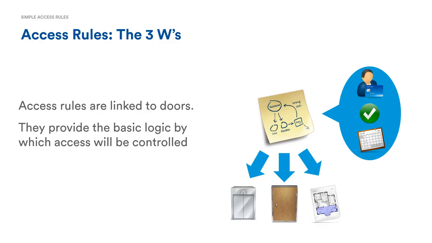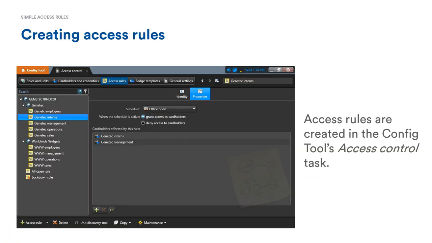Access rules are linked to doors, and each access rule is made up of who has access, when they have access, and to what they have access to. As we saw in the system demonstration, access rules are created under the Access Control task on the Access Rule tab.